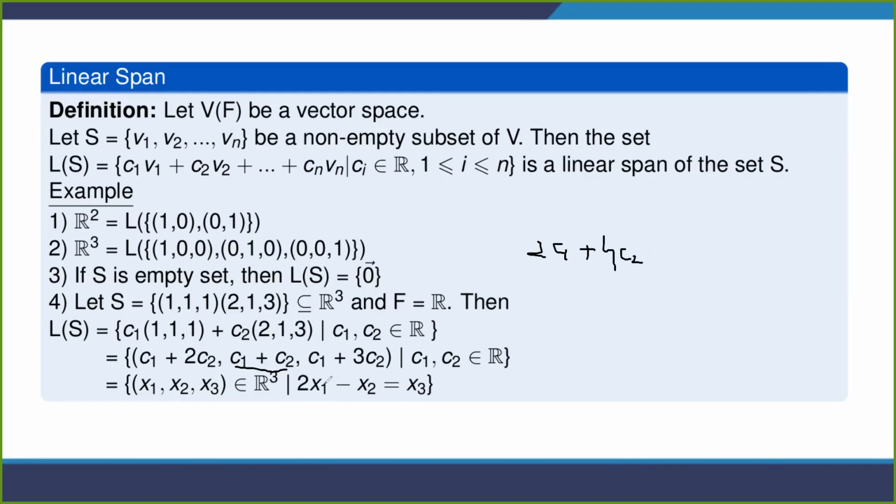Then 2x1 minus x2, where x2 is C1 plus C2, gives 2C1 plus 4C2 minus C1 minus C2.